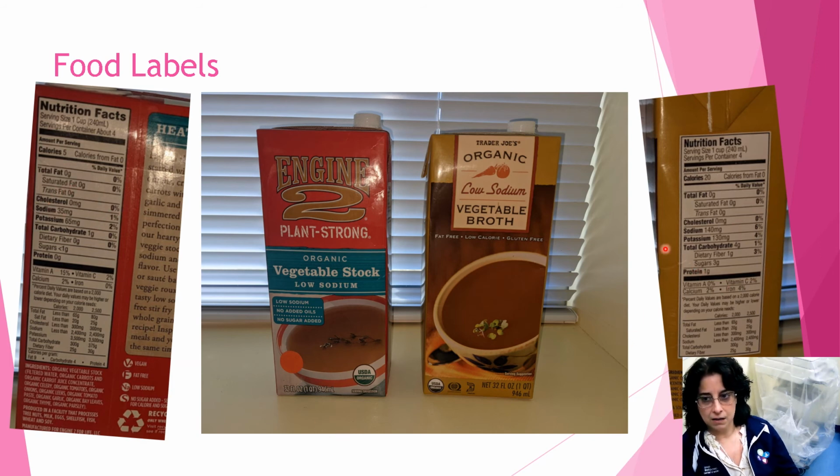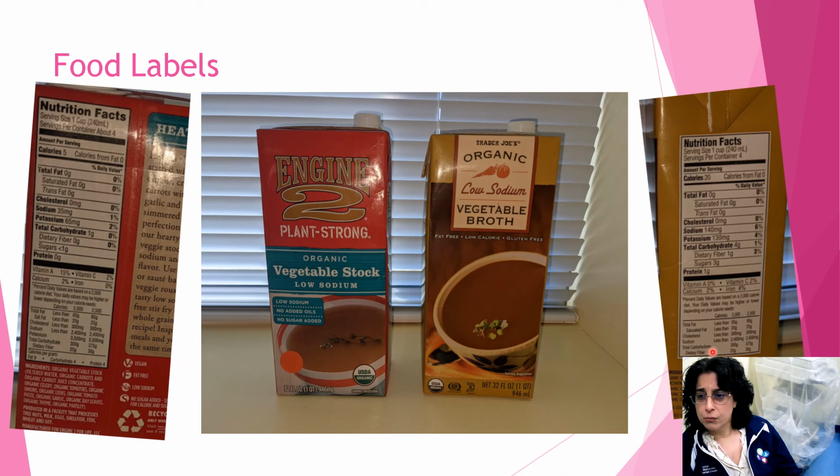Now, I'm not saying that you shouldn't have the Trader Joe's, but you just need to be aware that just because it's a similar product doesn't mean that the ingredients are the same and the amounts of the ingredients are the same. This one contains a little bit of sea salt, that's why there's a little bit higher amount of milligrams of sodium in this one. So that's where that issue came into play.